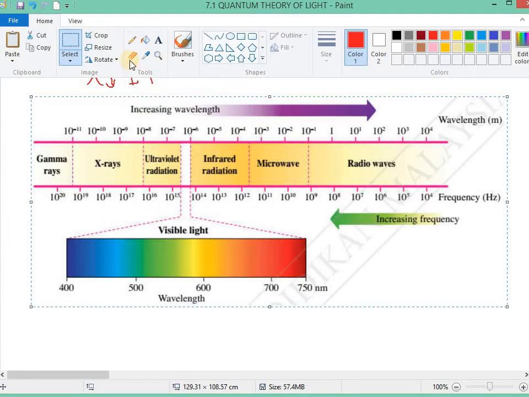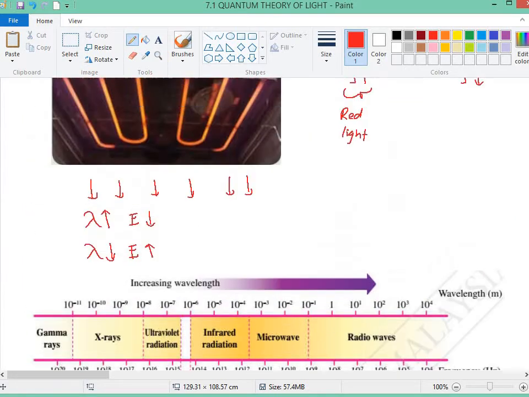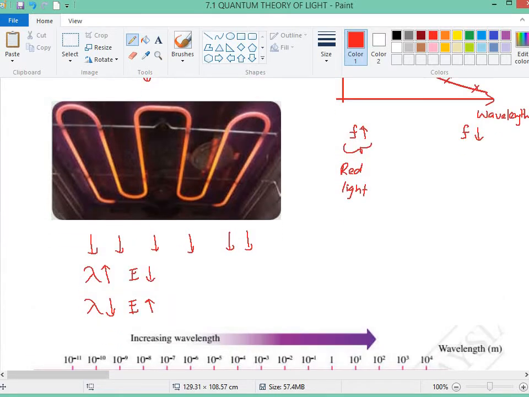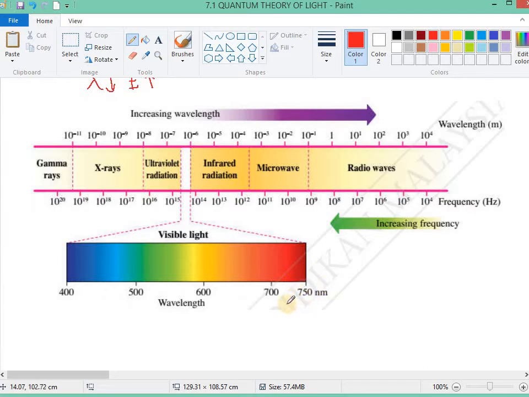For example, refer to this diagram. The reason this heating element glows red is because a lot of the energy is in this region.